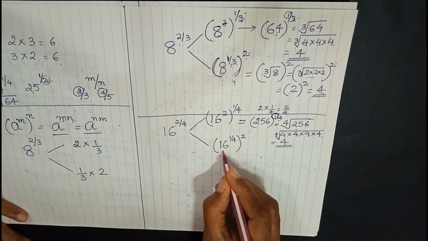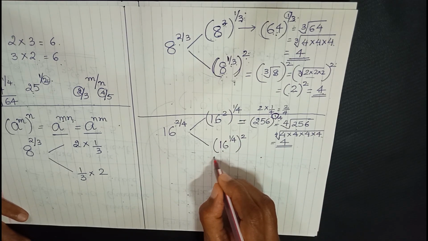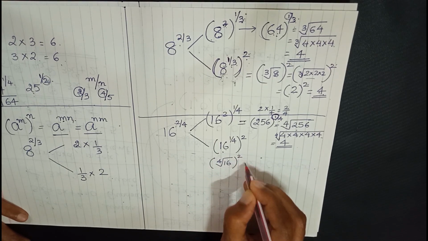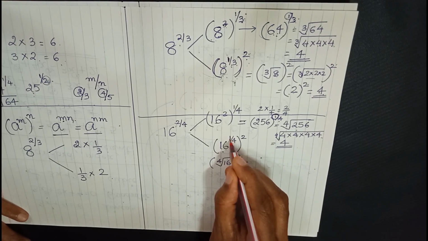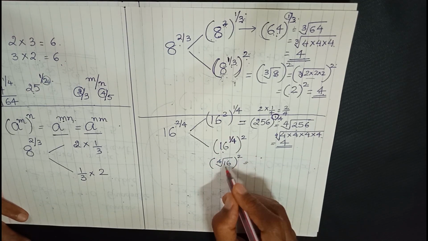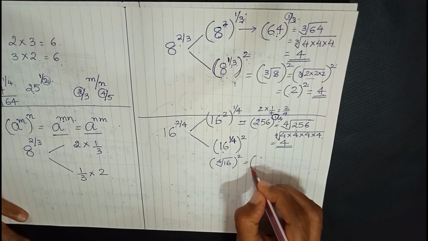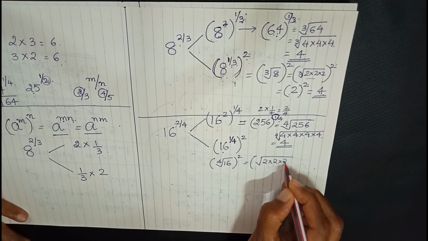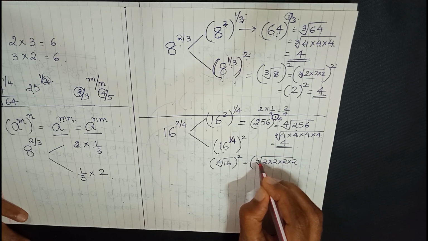Now let's do this first now. In this again what does this mean? Fourth root of 16. Right? 16 raised to 1 upon 4 means fourth root of 16. So again now I have to divide 16 into 4 parts. So 2 2s are 4, 4 2s are 8, 8 2s are 16.